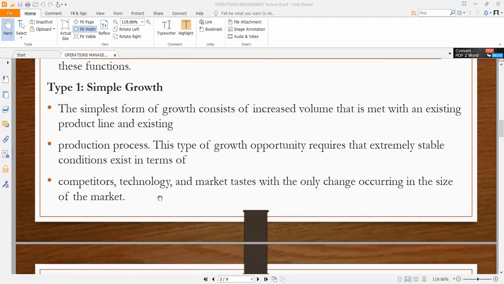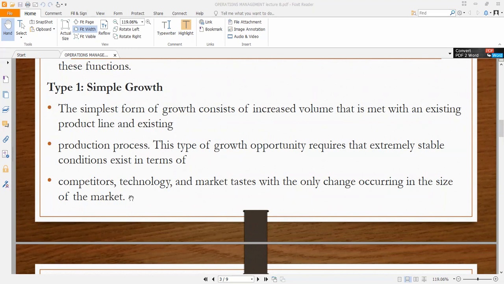So we are looking at a certain type of production where there is increased volume from one time to the other.